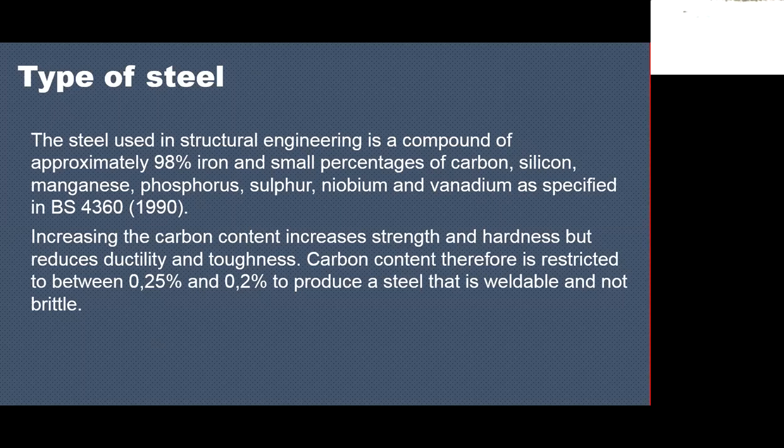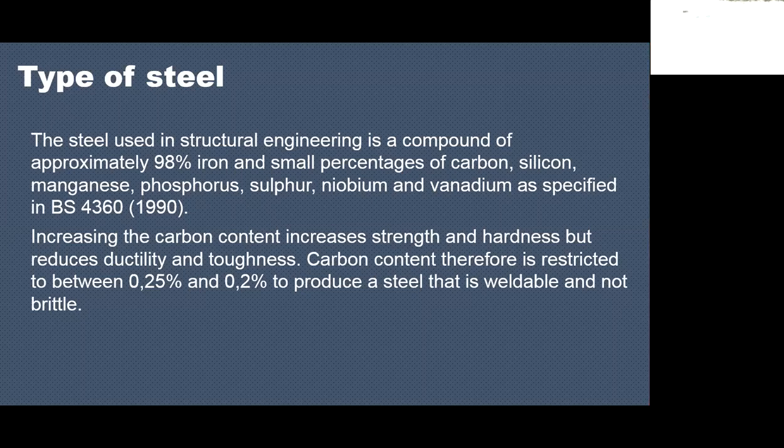What is more important is that we should produce something that is not brittle, because cast iron and wrought iron were brittle and construction steel is a bit more ductile, and the reason why it is appreciated very much is because of its ductile nature.